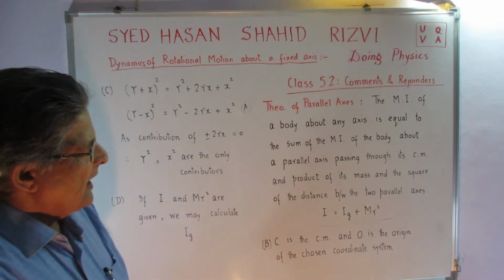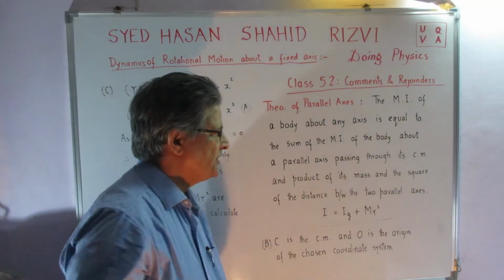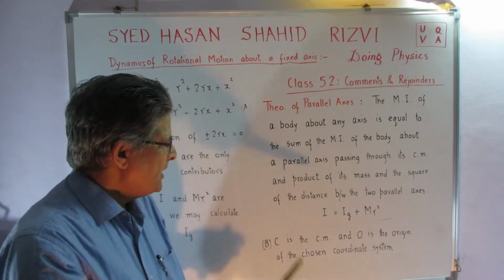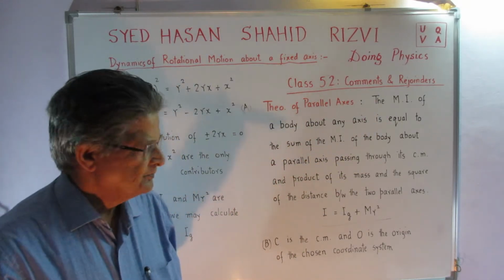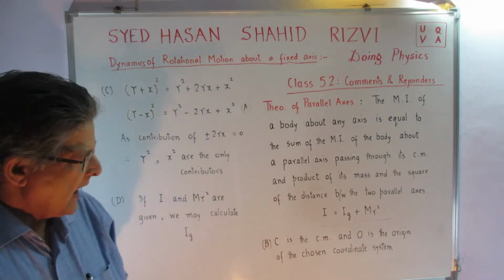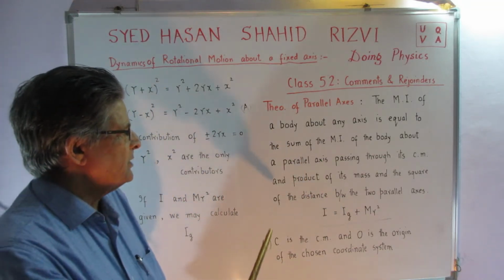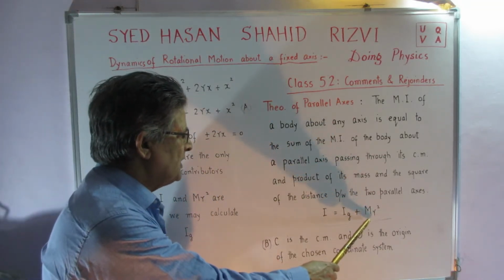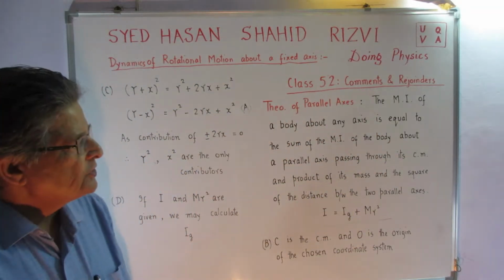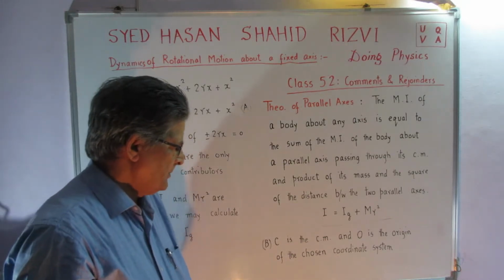Okay, and then we read it as follows: the moment of inertia of a body about any axis is equal to the sum of the moment of inertia of the body about a parallel axis passing through its center of mass, and the product of its mass and the square of the distance between the two parallel axes. So this is one of the things which I wish to admit in this lecture.